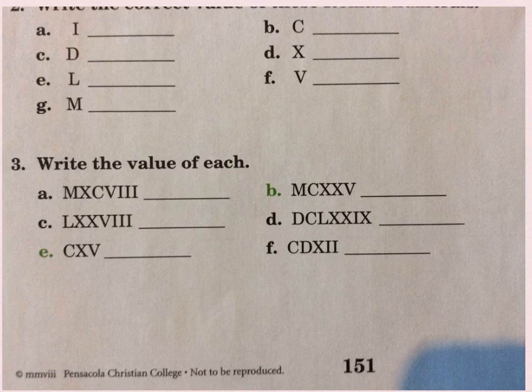Okay, number 3, it tells us to write the value of each. So we're taking these letters and figuring out what it is. Well, we know M is 1,000. And then the X follows that. X is 10. If it follows it, you add it to it. So we have 1,000 plus the 10. But then we have a C that comes after the 10.